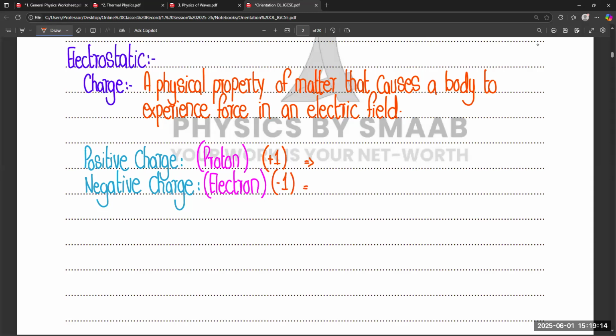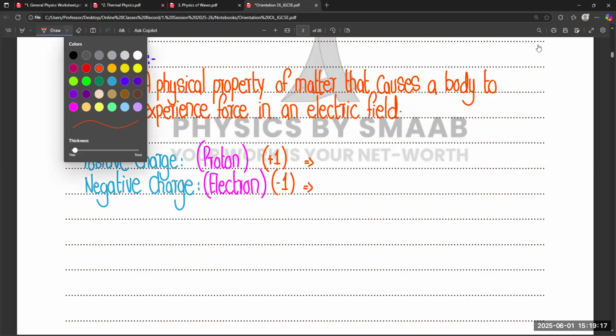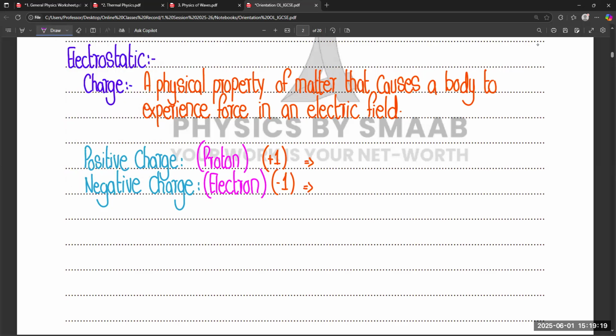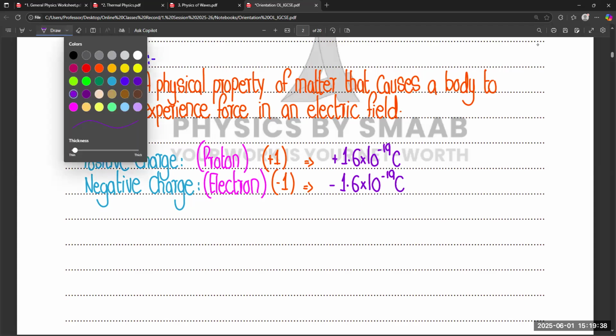When we write their final values, their magnitude is +1.6 × 10^-19 coulombs, and -1.6 × 10^-19 coulombs. This C is the symbol of coulomb.